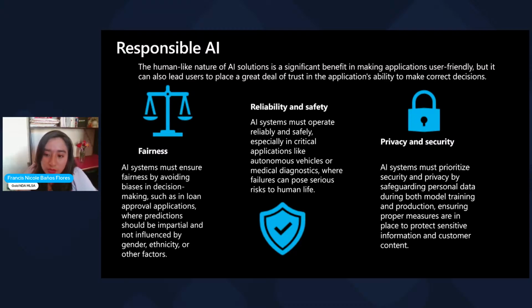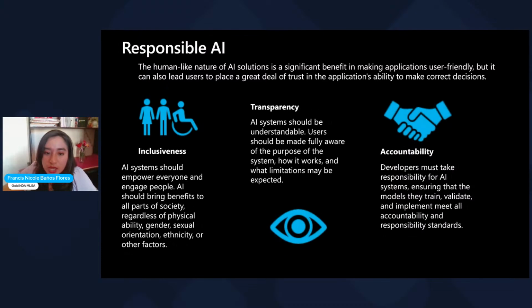And talking about privacy, of course, all your data has to be private. And inclusiveness, we have to make sure that our AI agents are implemented for everybody and don't exclude anyone.